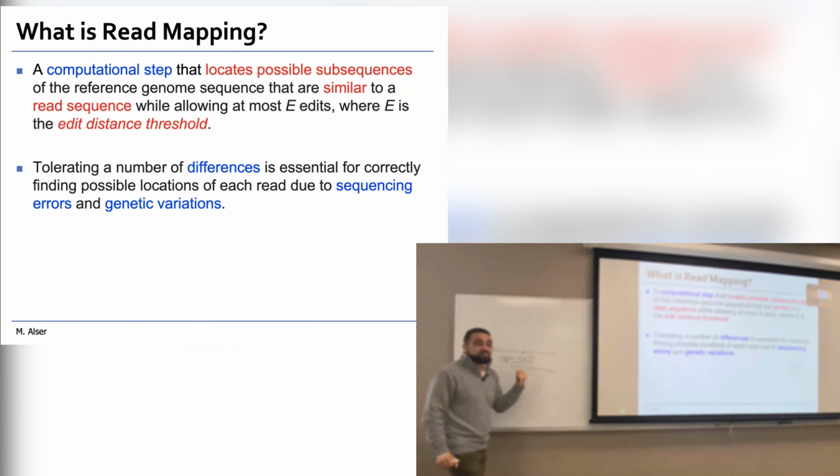The problem is that these differences are not necessarily just substitution, just replacing one character by another, but could be, so we have the substitution, we have the insertions, we have the deletion. And sometimes we refer to those as indel, insertion deletions, okay? So you could have some inserted characters, just addition.